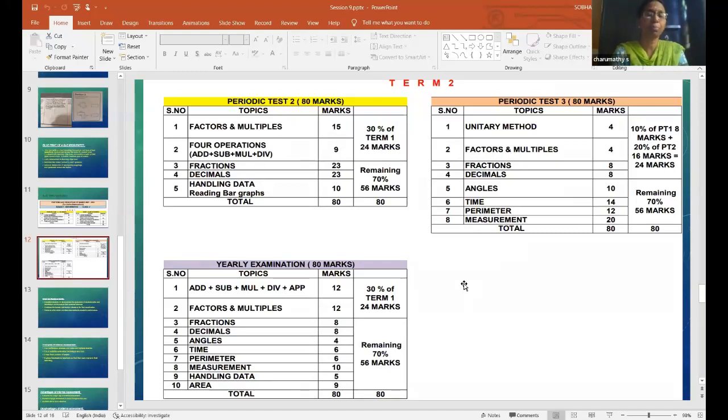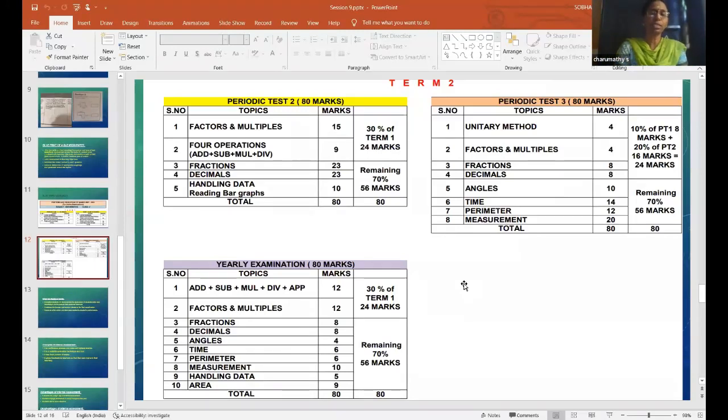So the topics are picked up in such a way that it is relevant for them when they move to the next class. The remaining 70% is from the topics covered in periodic test 2, periodic test 3, and term 2, and a little bit of portions covered after periodic test 3. This 70% comes to 56 marks. 56 plus 24 becomes 80 marks.